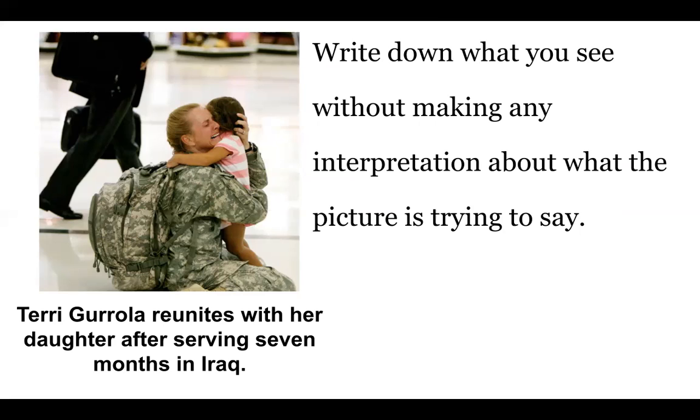Okay, so it's a mother who hasn't seen her daughter in 7 months. She's overwhelmed. She's crying happy tears. And someone's walking right past them and probably doesn't even notice what's going on.